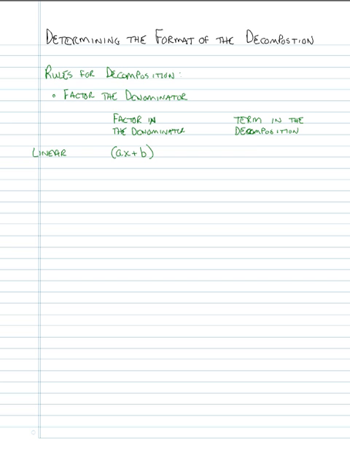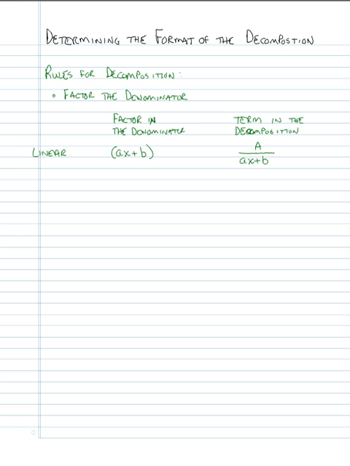We just saw that. It's a constant over that factor. The numerator of the term in the decomposition is of degree 1 less than the degree of the factor in the denominator.